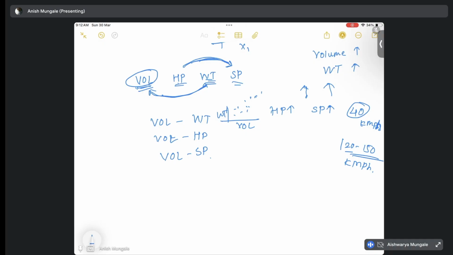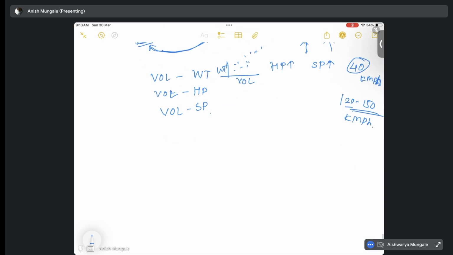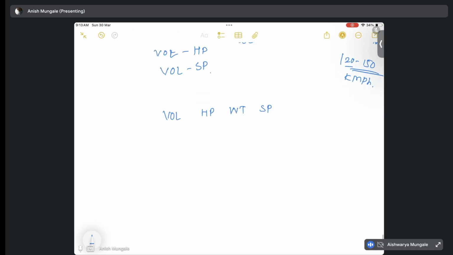So same problem here as well. Let's say there were four variables: volume, horsepower, weight, and speed.